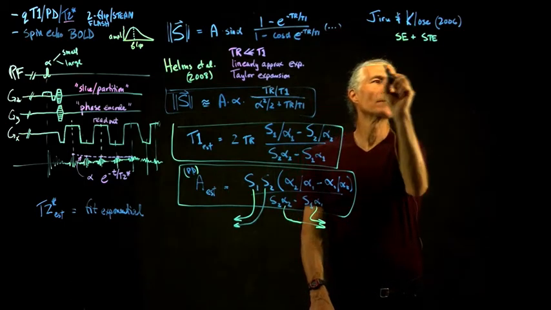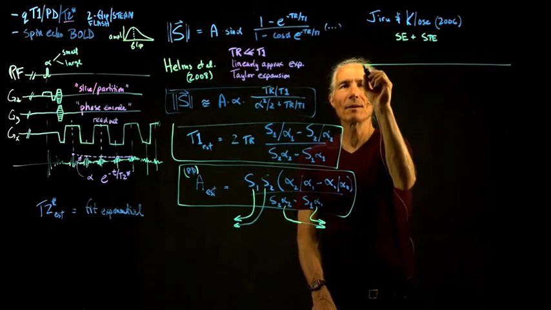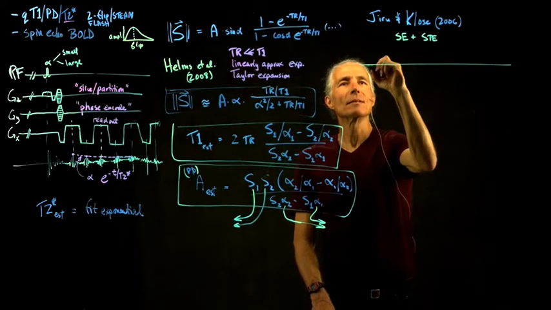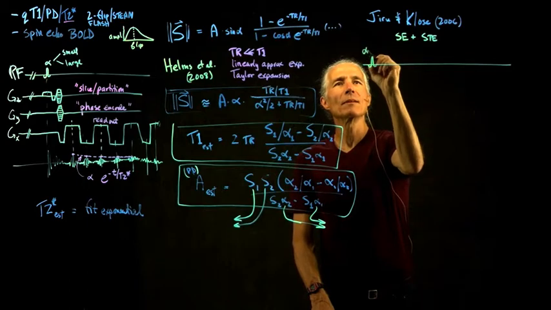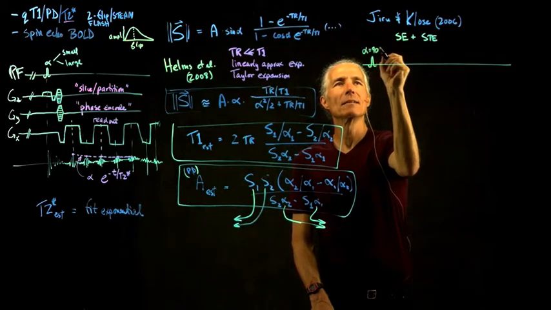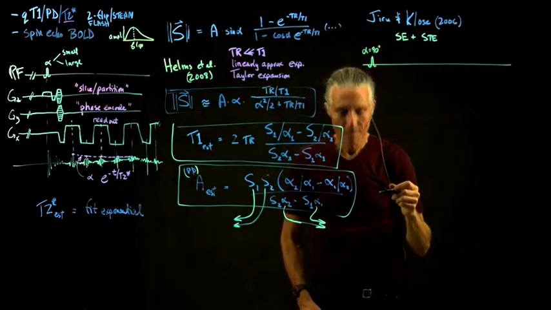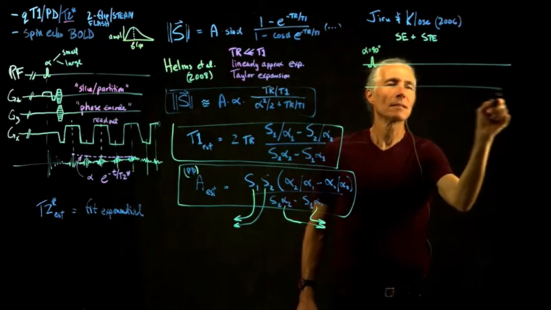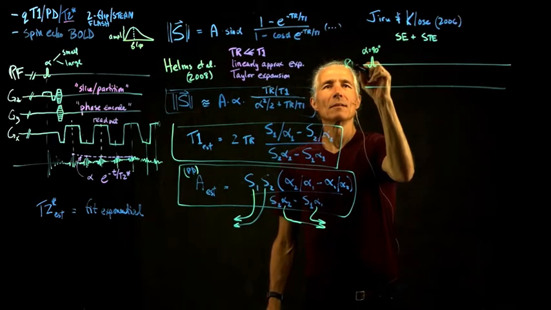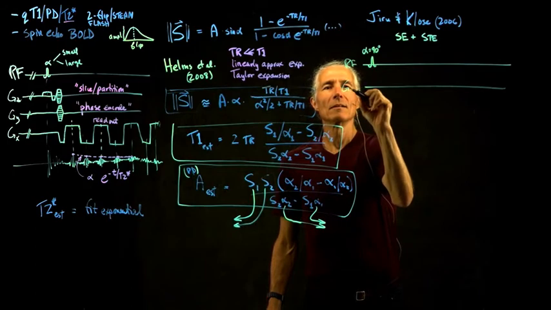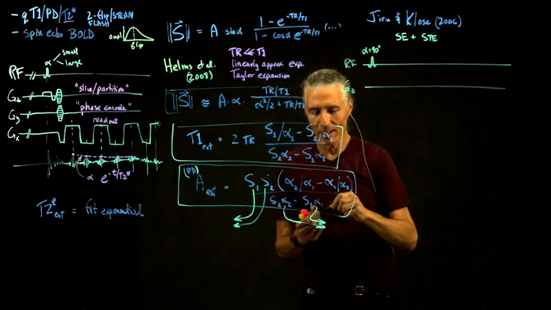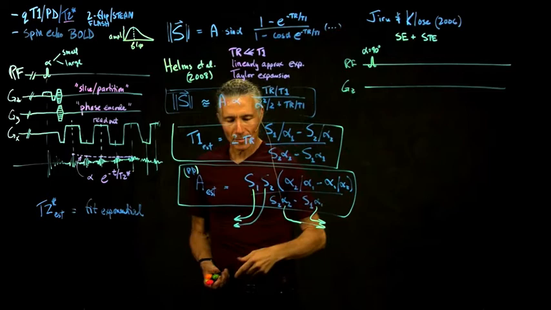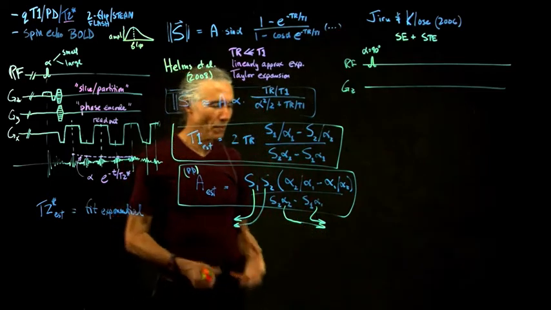So how does this work? A stimulated echo requires 3 RFs. So we start off with alpha equals 90, for instance. That's the RF pulse, and here's our GZ. What we're doing here is something I talked about last time, which was echo volume imaging.